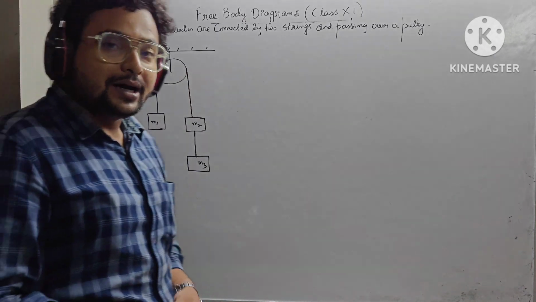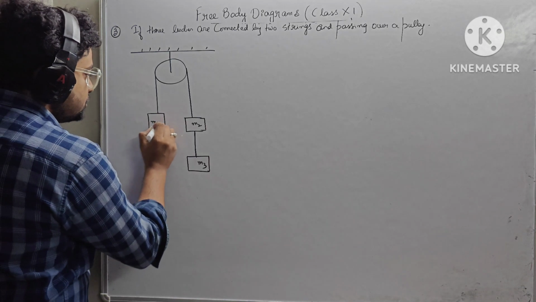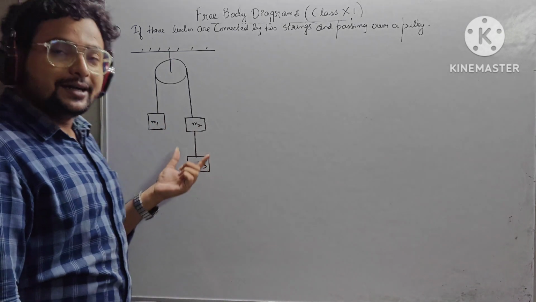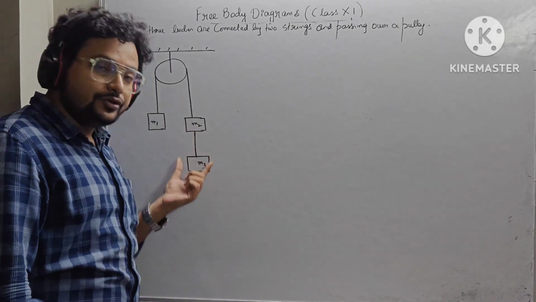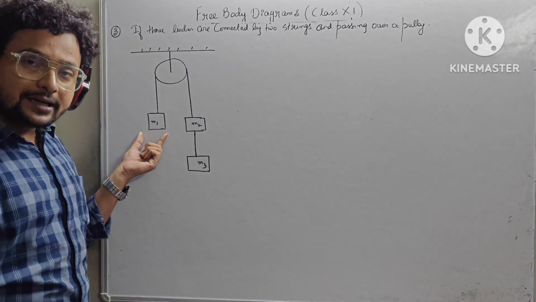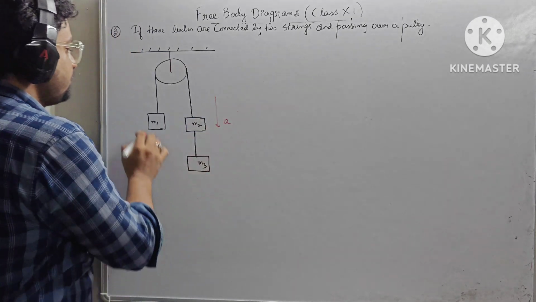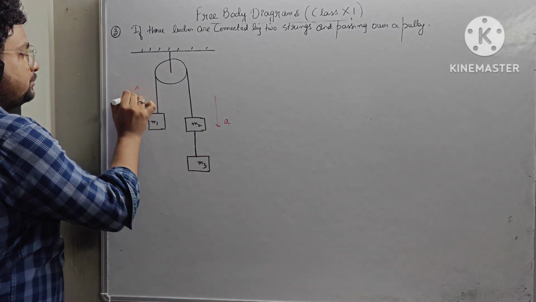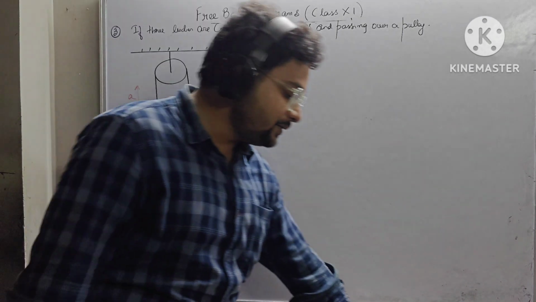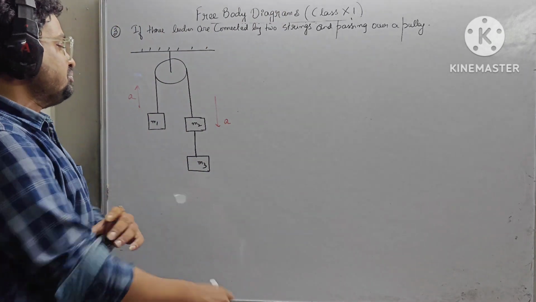So first, let us mark the forces which are acting on these bodies. One more thing, over here let us assume that the weight of M2 plus M3 is greater than M1. So the body will be accelerating in this direction, and this one is going to move up.